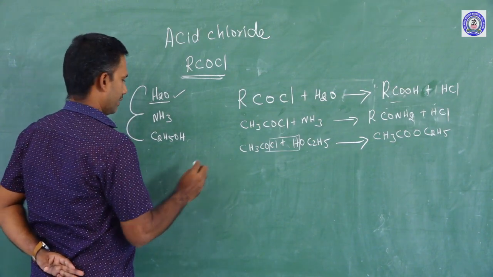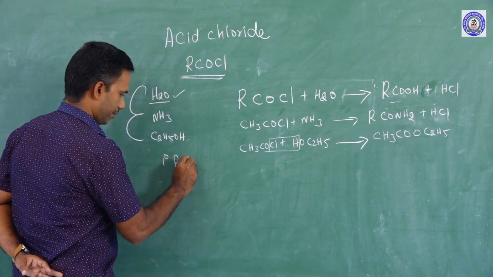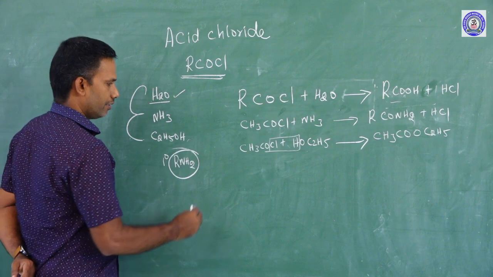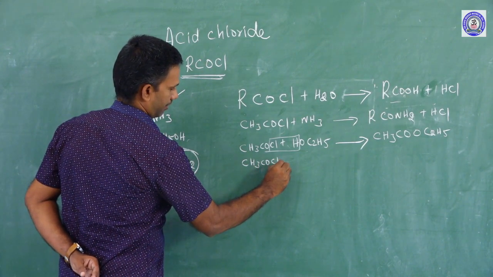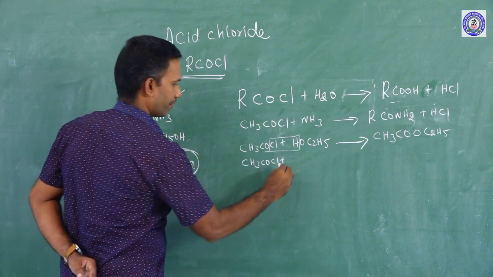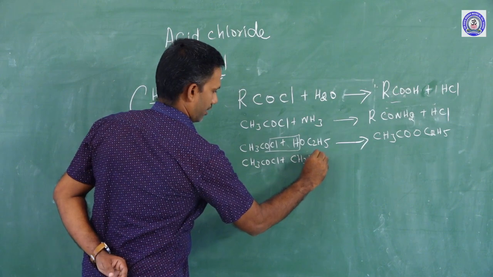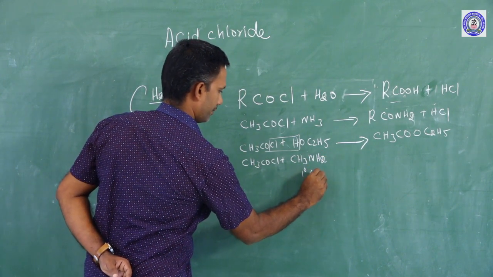Then treated with a primary amine, RNH2 is a primary amine. For our consideration, if you take acetyl chloride and methylamine, CH3NH2, this is a primary amine.